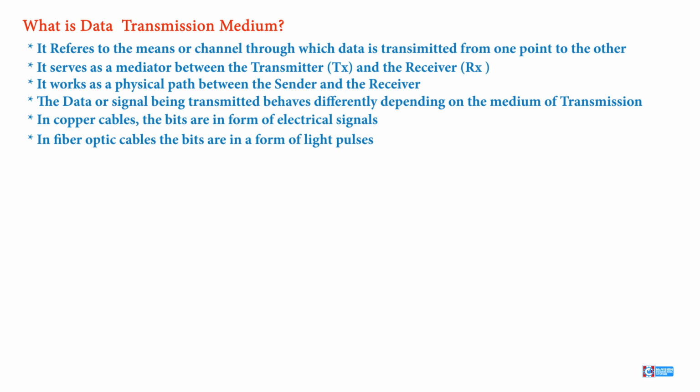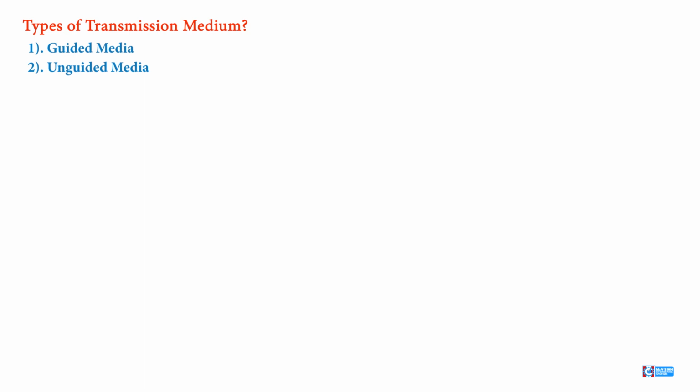We are going to delve deeper into the various transmission media and get to know their various properties, characteristics, and operations. This brings us to the types of transmission media: 1. Guided media. 2. Unguided media. We can further group these under two main classifications. These include wired media and wireless media.